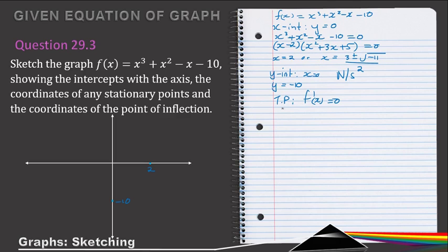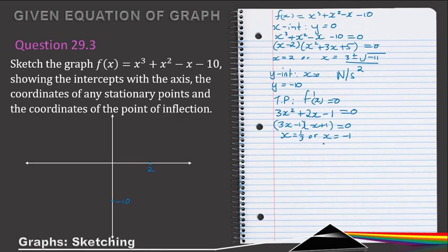So the first derivative is 3x squared plus 2x minus 1 equal to 0. And if I factorize that, I get (3x minus 1)(x plus 1) equals 0. So x is equal to 1/3, or x is equal to -1.